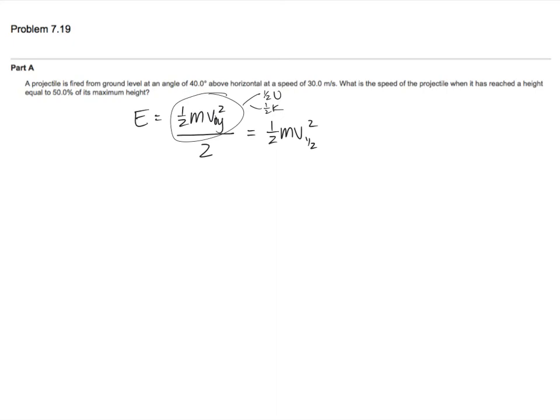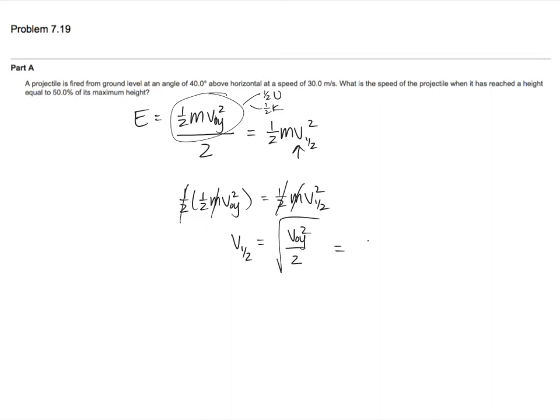And we want to figure out what the speed is. So I got 1/2 times 1/2 m v naught y squared is equal to 1/2 m v at 1/2 squared. The m's cancel out, one of the halves cancels out, so v at 1/2 is equal to the square root of v naught y squared over 2.